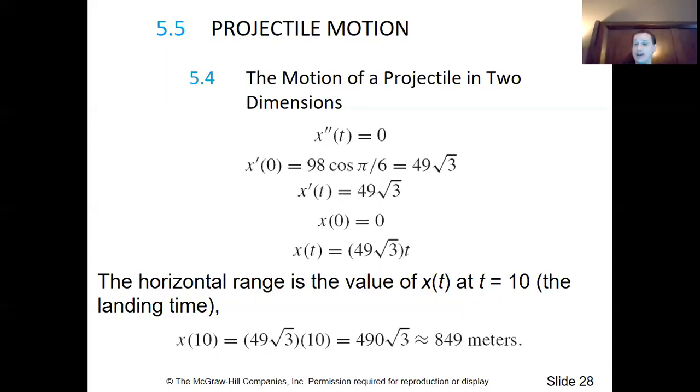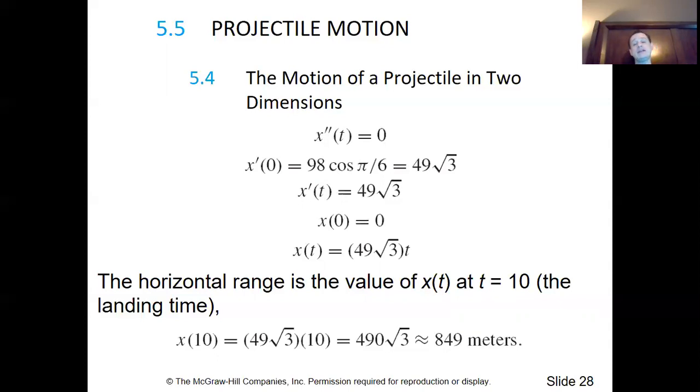So let's integrate this one more time. If x prime of t is 49 square root of 3, and you integrate both sides, on the left, integrating x prime of t will give you x of t. On the right, integrating it will just give you 49 square root of 3 times t, plus a constant. But again, x at time 0 is 0. We're assuming this thing is shot from the origin, where x is 0 and y is 0.